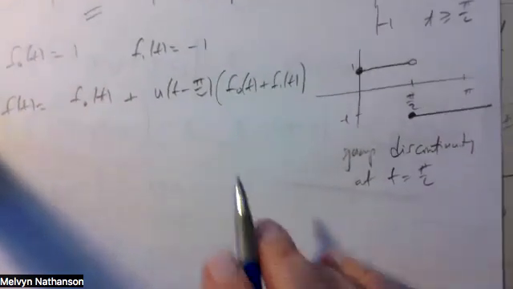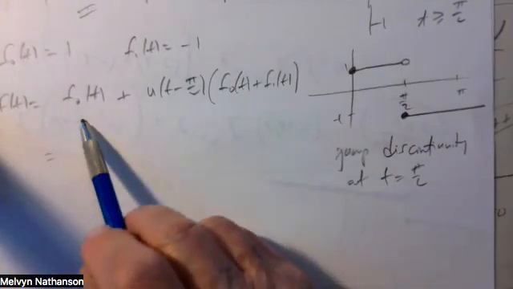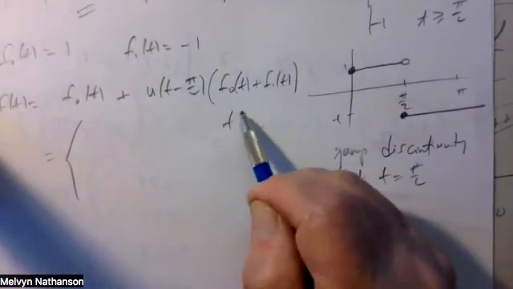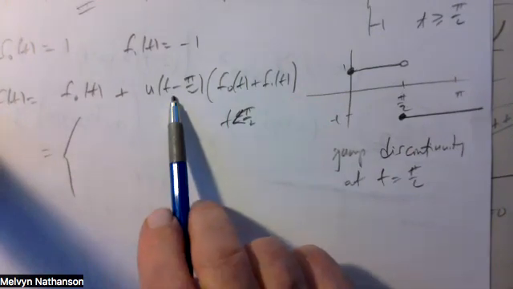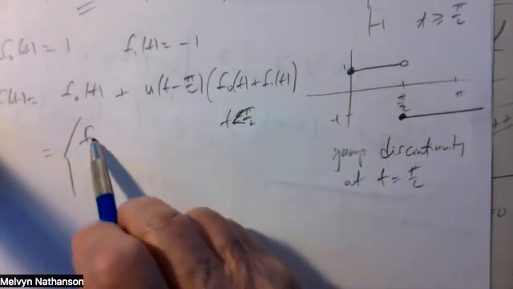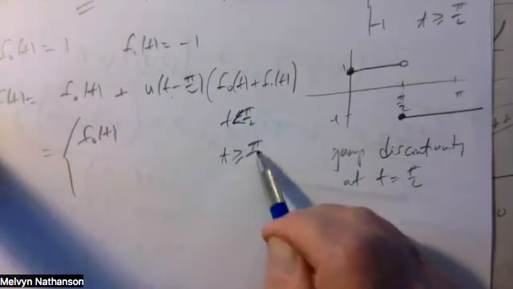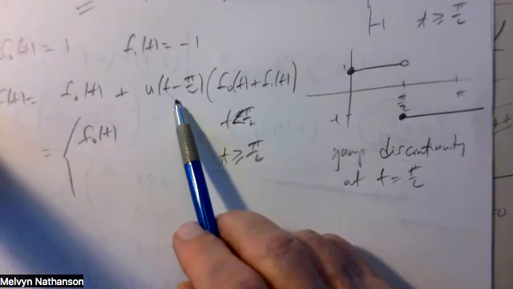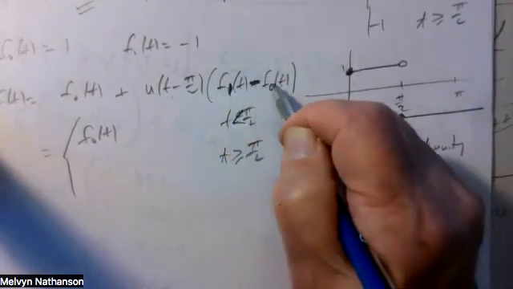Now, again, what does this mean? For t less than pi over 2, t minus pi over 2 is less than 0, so the step function is 0. So this is just f0 of t. And for t greater than or equal to pi over 2, this is 1. Oops, this should be f1 minus f0.